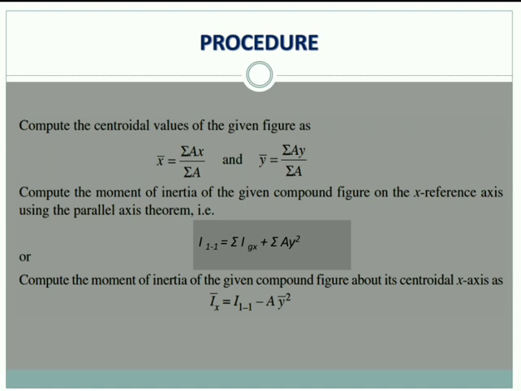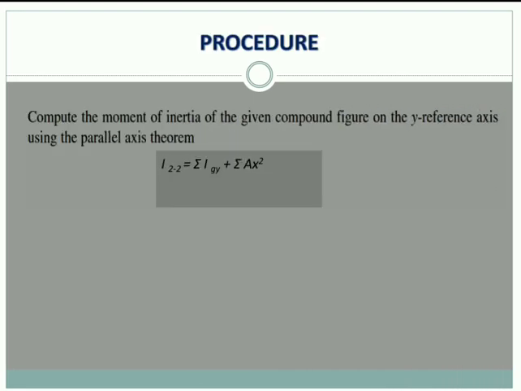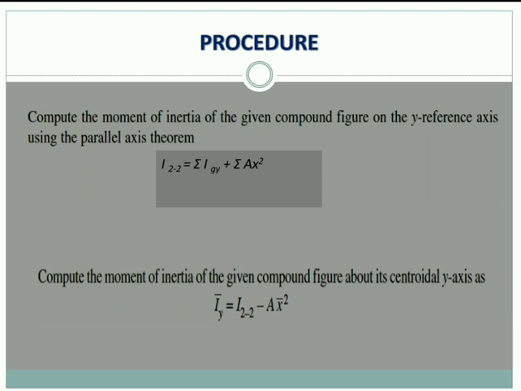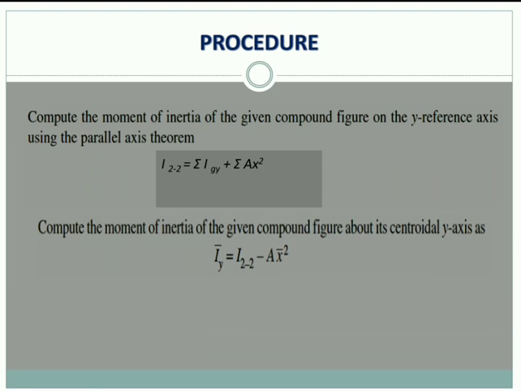Then Iy or I bar y will be equal to I22 minus A, which remains the same, into x bar square instead of y bar square. So this is what we discussed. Again I'm telling you, try to write down these steps, because they will help us when we solve the example, and this will be clearer when we solve one more example.